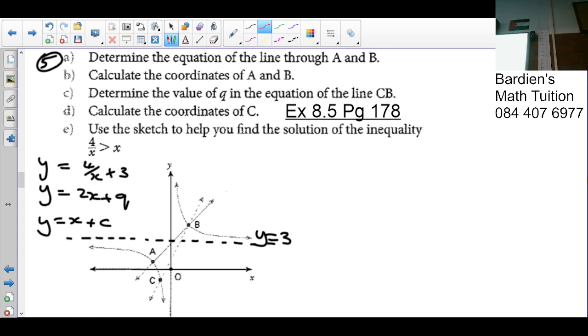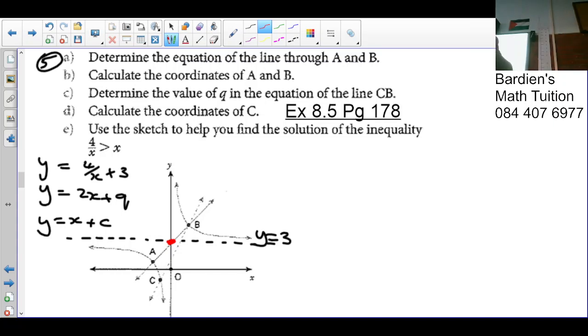Right. So, calculating this axis of symmetry, this line through AB. Can you see the line through AB? It's going through this point here. You see there's a vertical asymptote, which is the y-axis, so the x equal to 0 line, and this line here, which is y is equal to 3. Okay?